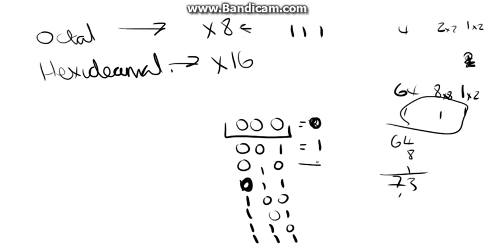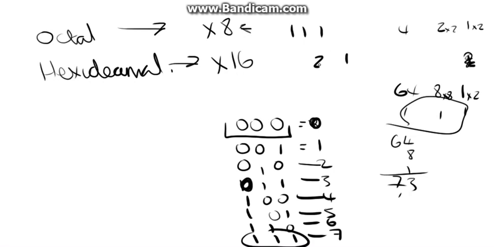As you'll see, if I put these 3 under the 1, 2 and 4, 1, 1, 1 is 4, add 2, add 1 equals 7. So you can go all the way from 0 up to 7, and this is your octals.